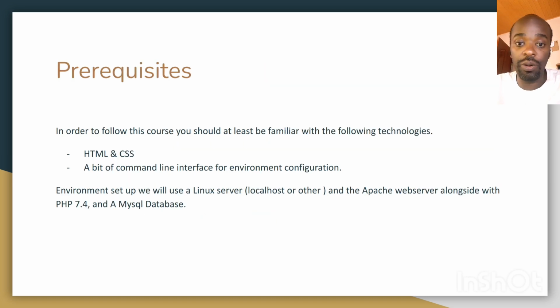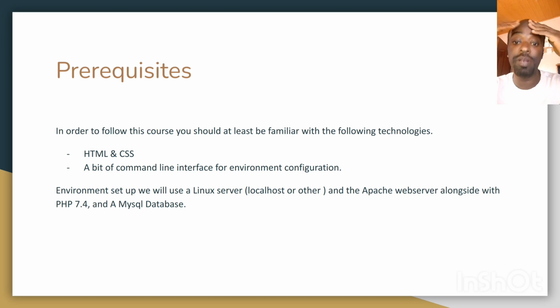So, what you will need for this course, of course, it's not a lot. First of all, you gotta have a computer, some internet connection probably. Otherwise, you wouldn't be watching this video, let's be honest. And you also need some knowledge in HTML and CSS, a bit of command line interface just for environment configuration, as we will see in the next chapters.